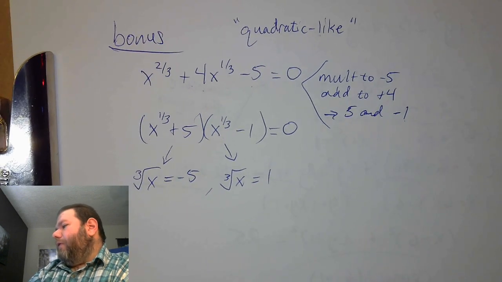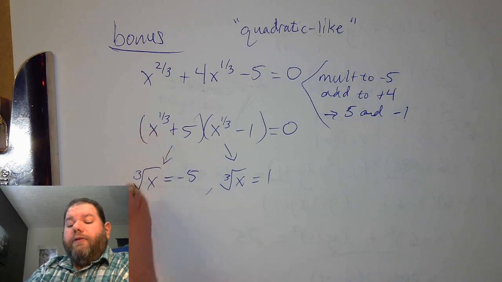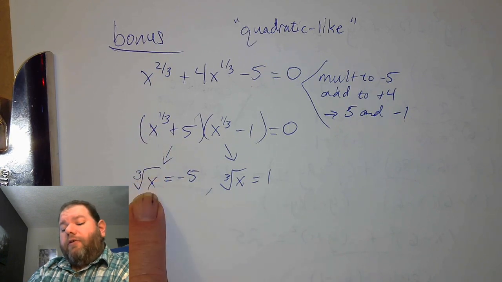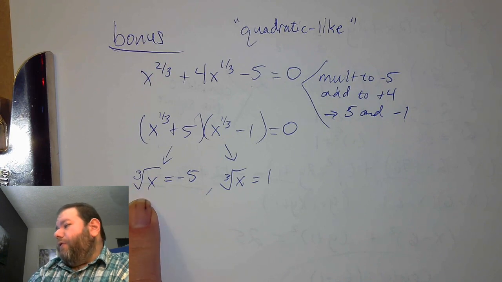So x to the 1/3 is the same thing as the cube root of x, and if we have the cube root of x equal to a number, how do we get rid of a cube root?